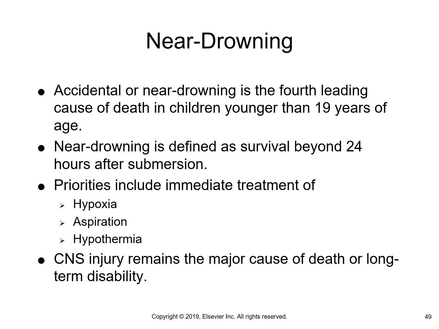Number two is aspiration, very straightforward. And then number three is hypothermia, when the core body temperature goes really low to a dangerous level. And then CNS injury remains the major cause of death or long-term disability. And that's it for this chapter.